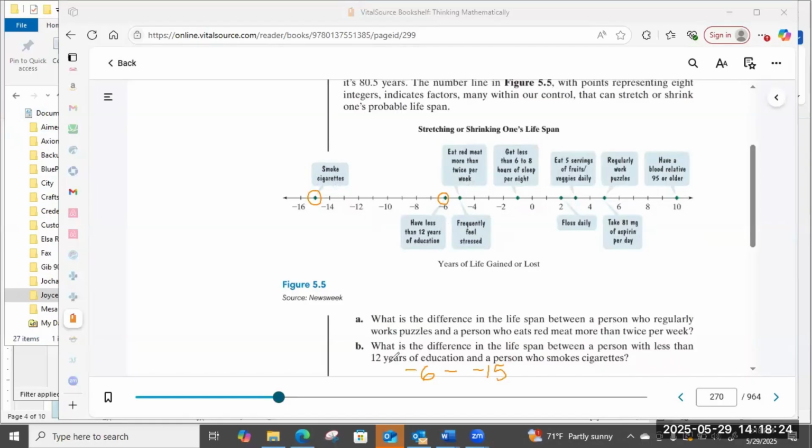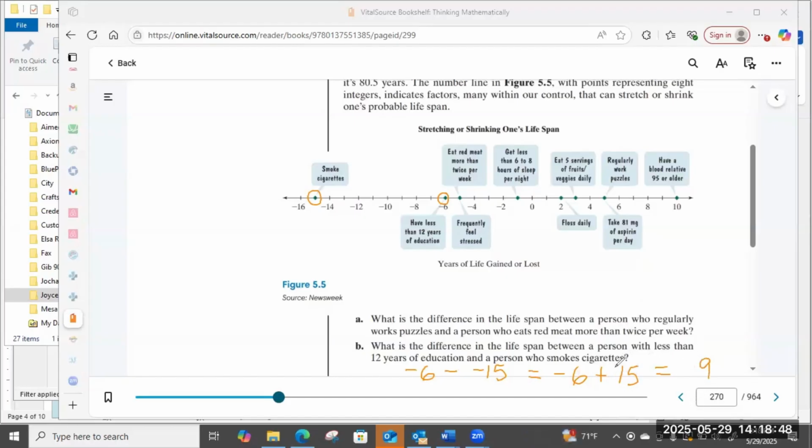So -6 minus -15. That's going to be -6 plus the opposite of -15, which is -6 plus 15. And to find that difference, I'm going to subtract absolute values, which gives me 9. 15 minus 6 is 9.